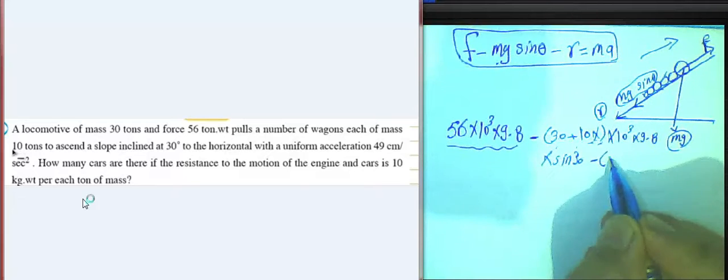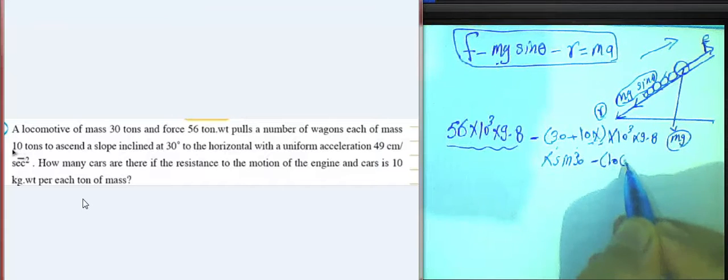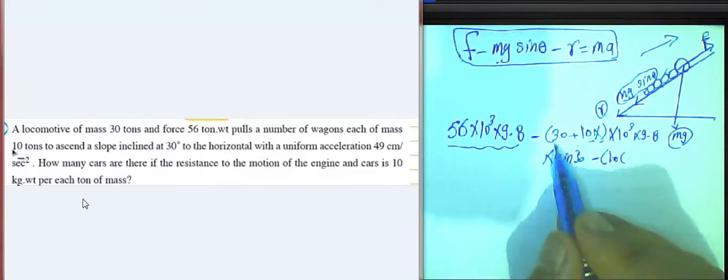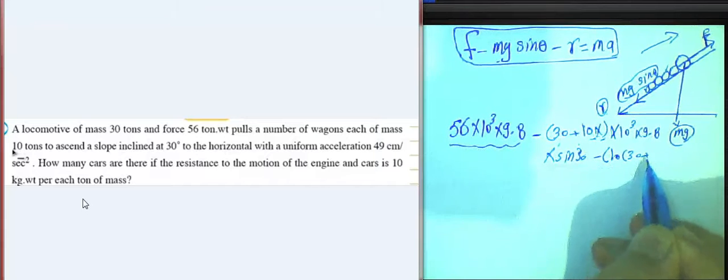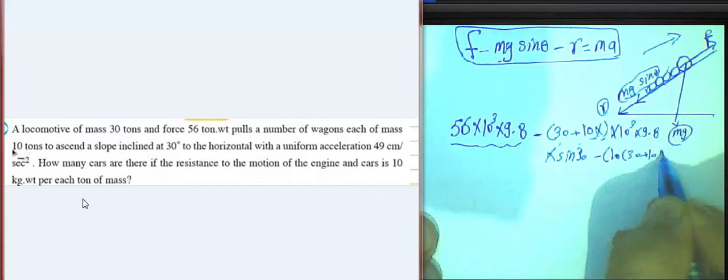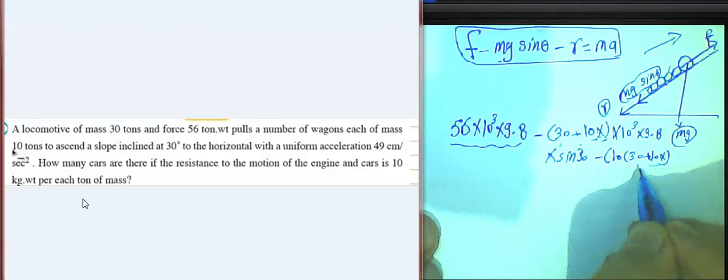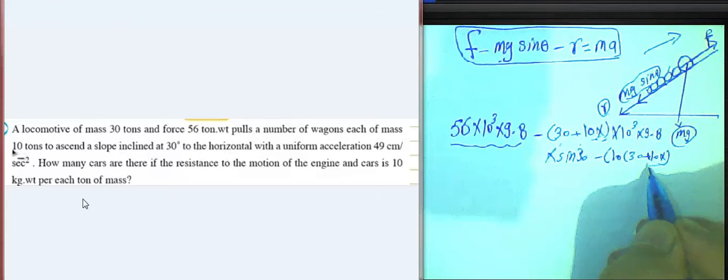We know that it will be 10 multiplied by the weight. R equals 10 multiplied by all the weight. All the weight we write here as 30 plus 10x, in brackets. Okay, all of this we must convert to Newton because it was kilogram weight.